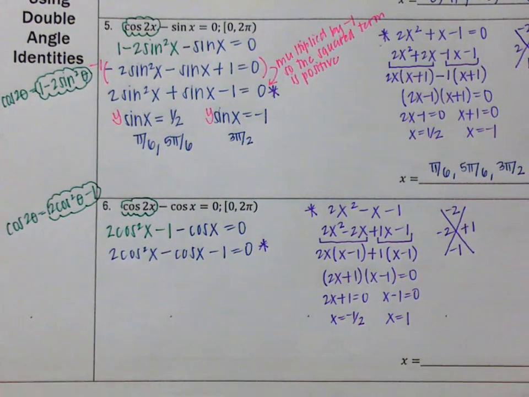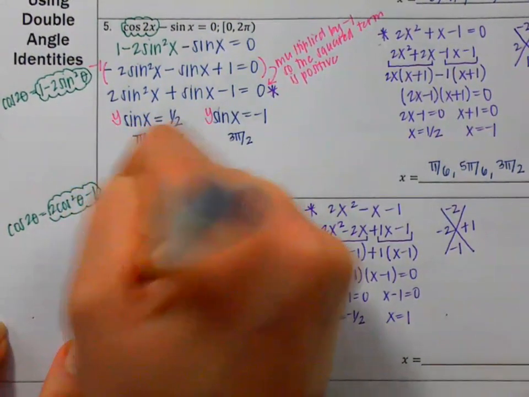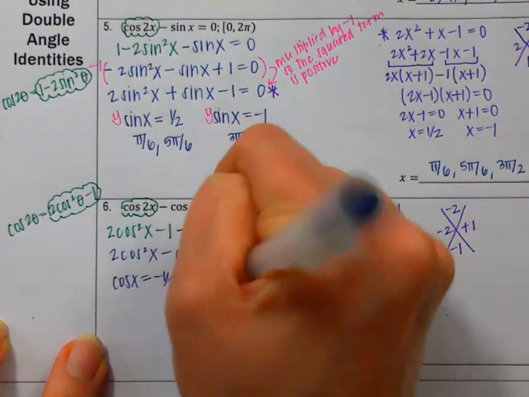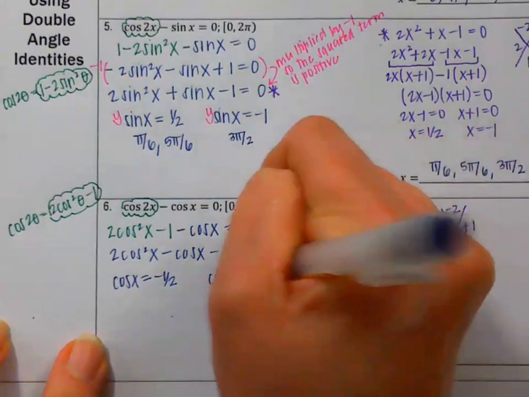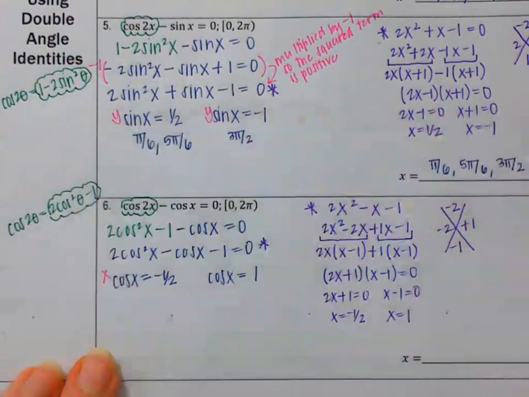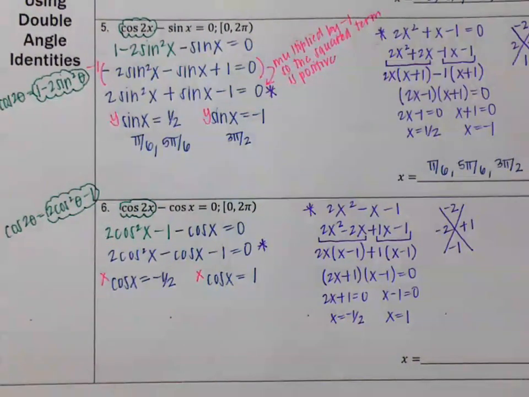And now I can translate that over. So it's going to be cosine x equals -1/2 and cosine x equals 1. And now is when I'm going to the unit circle. So I'm thinking, okay, where does the x value equal? These are both x values. Where does the x value equal -1/2?